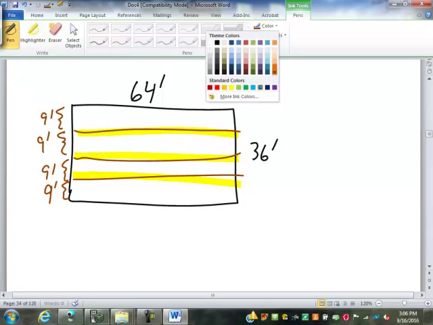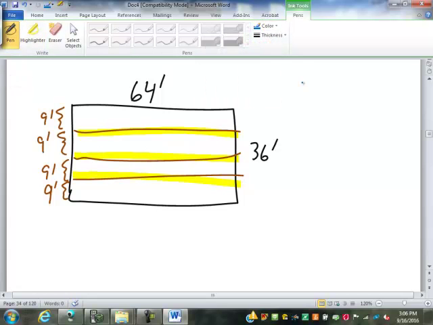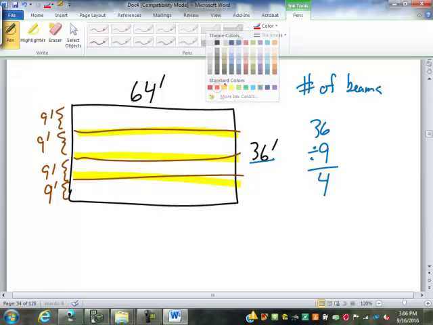Well, first of all, we need to know how many beams, number of beams. To figure that out, we've got 36 feet divided by the spacing, which is 9 feet, which gives us 4. What do we have to do to that 4, though?